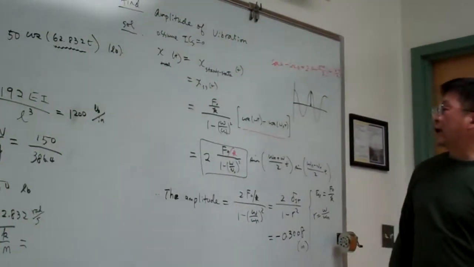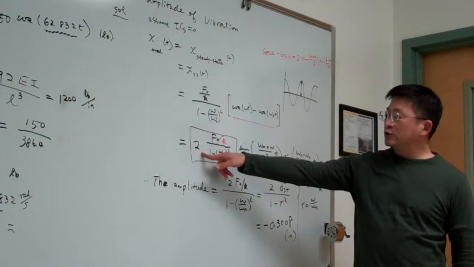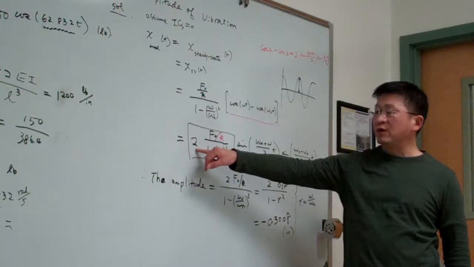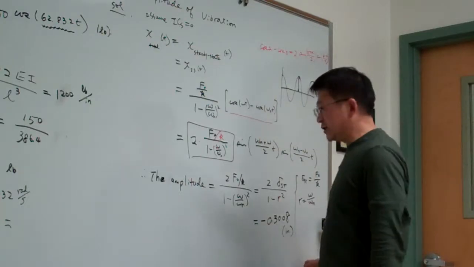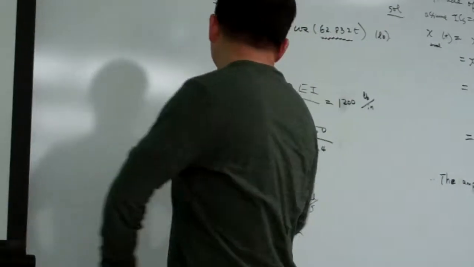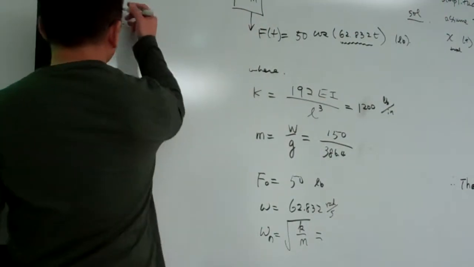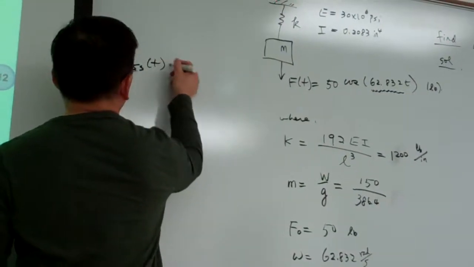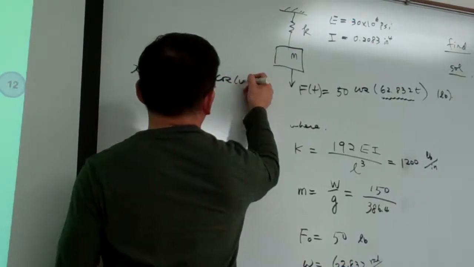And the second note I want to make is this. For us, we're leading to such a formulation, which means we have the multiplication of factor 2 here. And this problem is from our textbook. If you look at the textbook carefully, actually the textbook solution is easier. It simply says the steady state response is equal to capital X multiplied by cosine omega t.